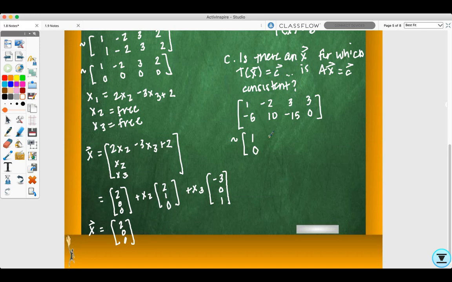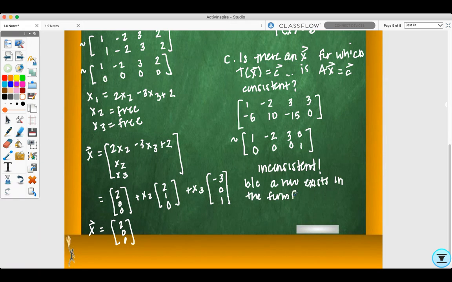I'd get 1, 0, -2, 0, 3, 0, 0, 1. 0 cannot equal 1, so it's inconsistent, because a row exists in the form 0, 0, 0, b where b cannot equal 0. Therefore, a solution does not exist. c is not in the range of T.